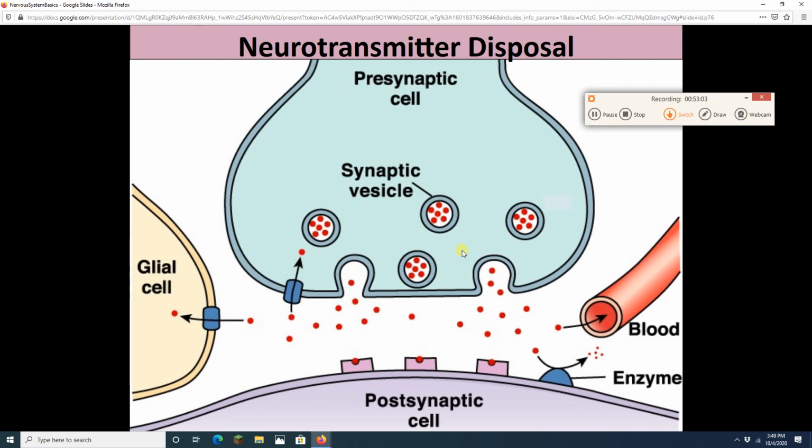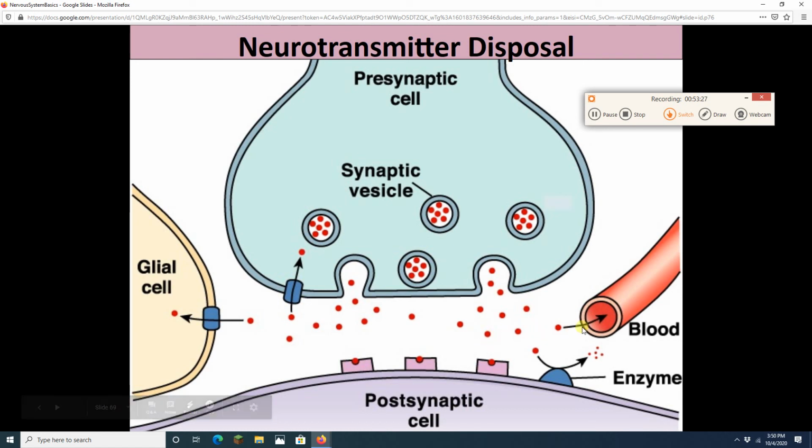Last thing we got to do is figure out what happens to neurotransmitters after they're released. We know they bind to the receptors in the neighboring cell. We know they induce a graded potential there. But do we want them to stay there forever? No. The receptors don't let go of them. They may rebind them and let go again. They may do it again and again. But eventually, neurotransmitters are going to have one of four things happen to them.